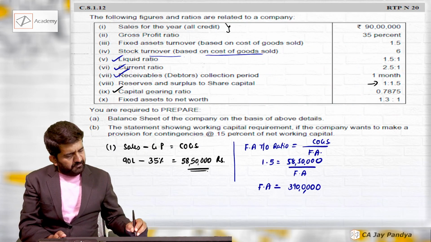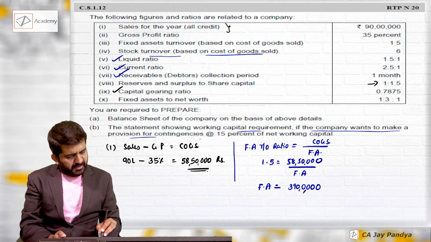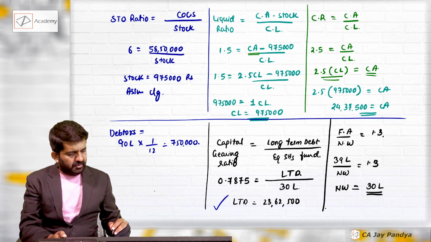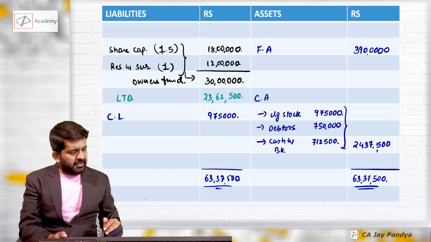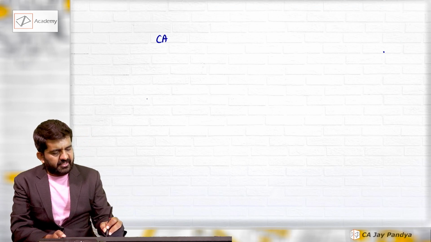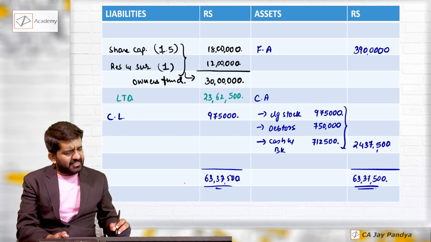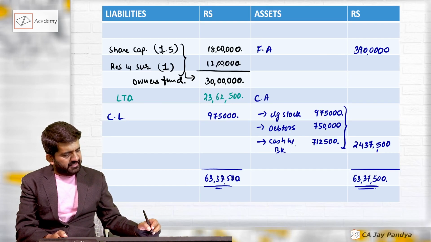The statement showing working capital requirement if the company wants to make a provision for contingencies for 15% of net working capital. Alright. Working capital requirement can be found out by current assets minus current liability. They are asking for a statement, so we'll be presenting it professionally.